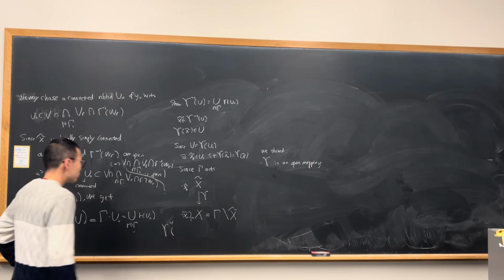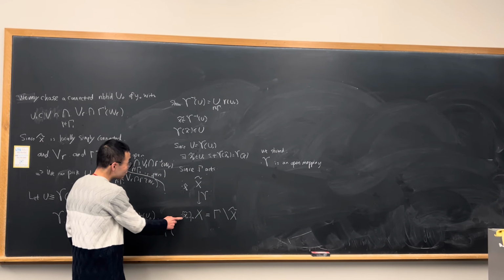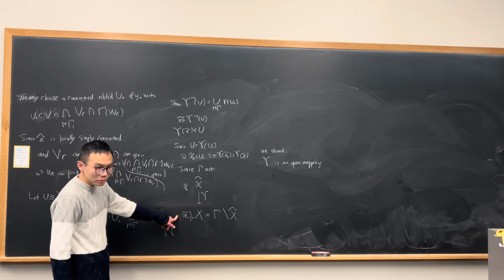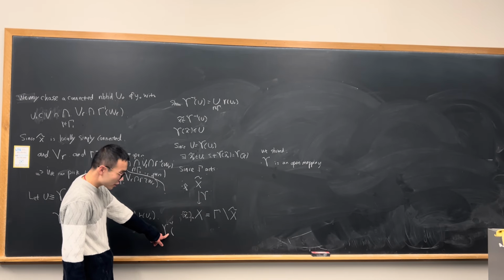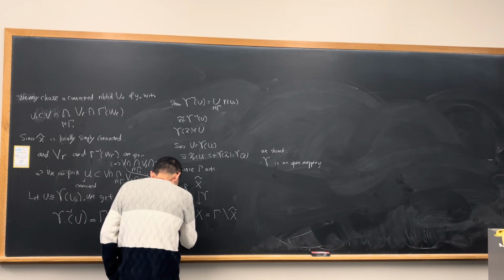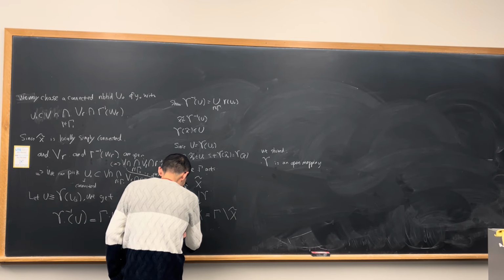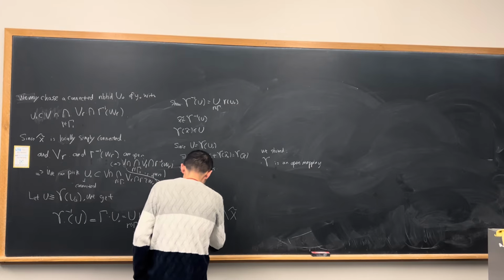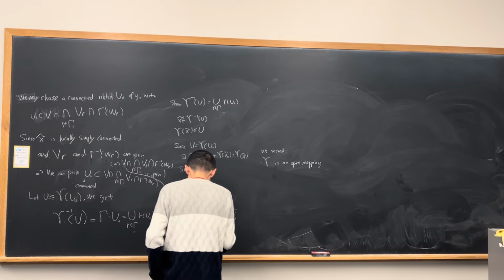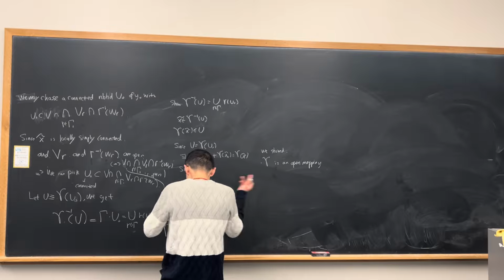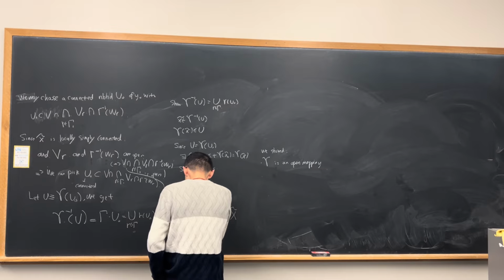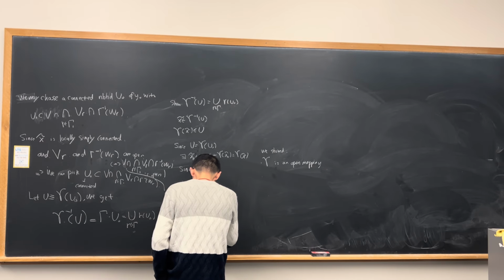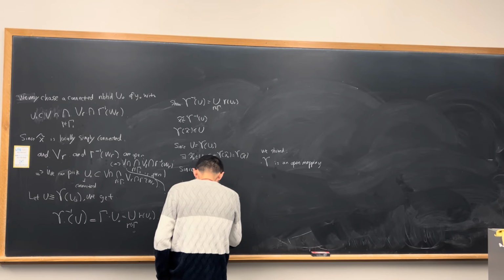Think of this as just a point. If you take the preimage of that point, it just gives you this one by definition. It's all the points related by gamma to this point, basically the set of all this relation.